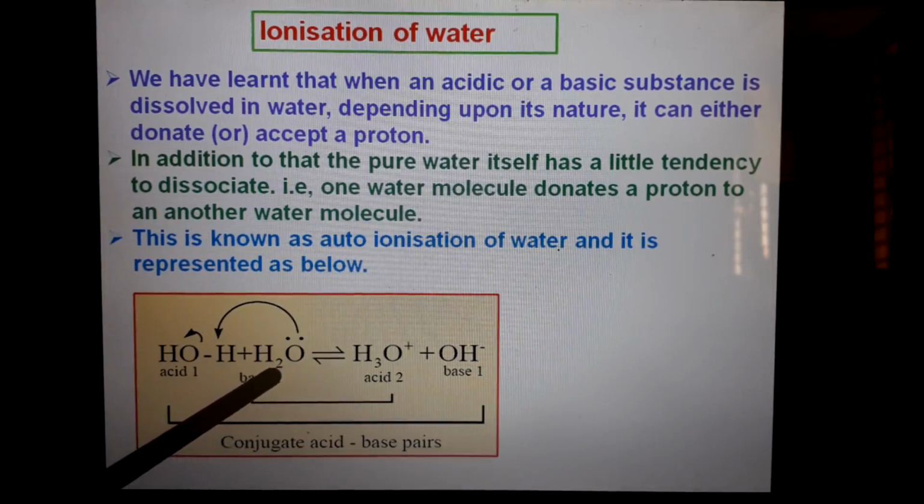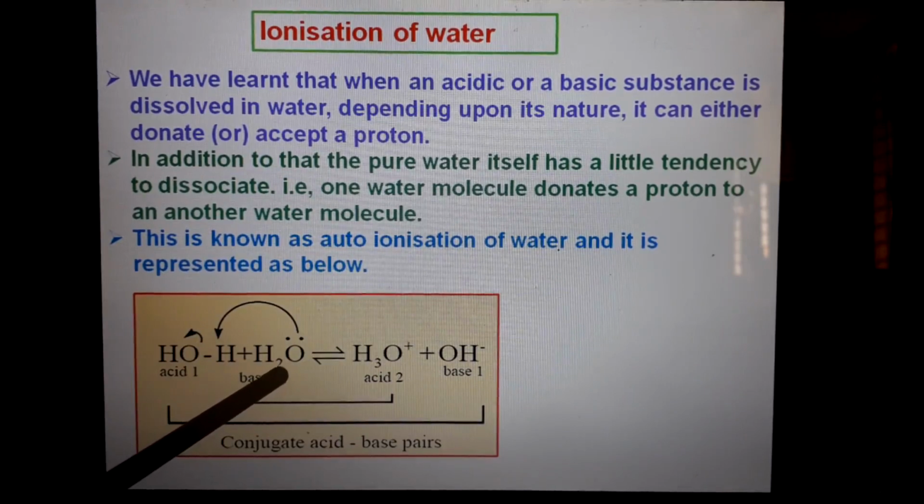In general, there are two water molecules. One molecule is HOH, that is OH− and H+, and the other molecule donates the lone pair of electrons.